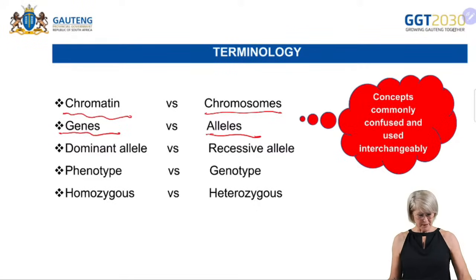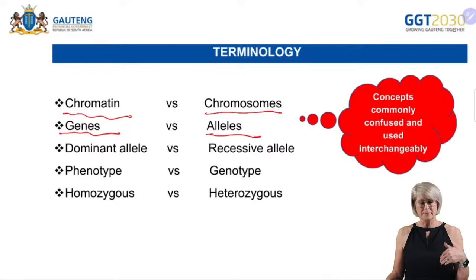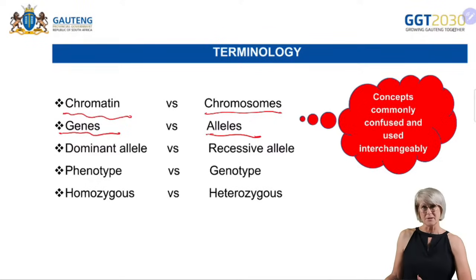Right, then we have a look at the difference between a dominant allele and a recessive allele. So the dominant allele usually is a form of the gene that dominates or is displayed in the phenotype of the individual. And that usually masks the phenotype of the recessive allele.